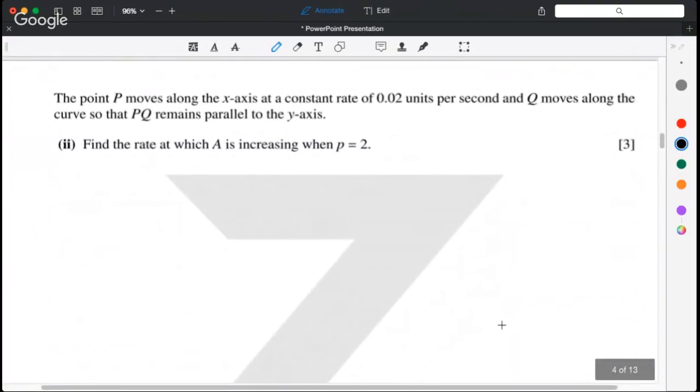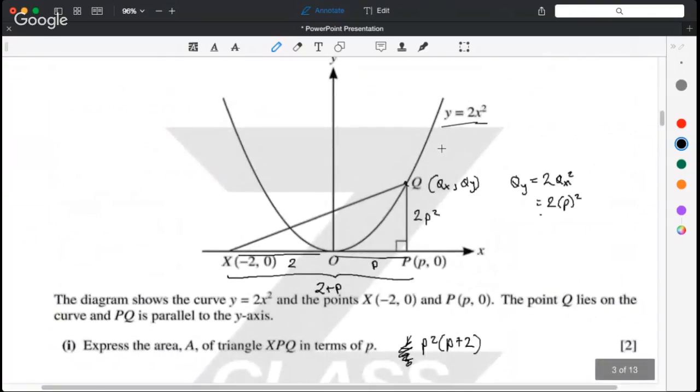Now they're asking you to do something a little more subtle. They're asking you about rates of change. So this is almost always going to indicate that you need to use differential calculus. So the point P moves along the x-axis at a constant rate of 0.02 units per second. So what they're saying is that this point here is going in that direction.